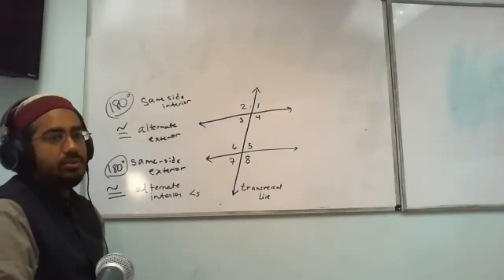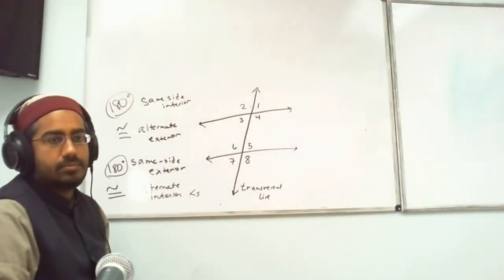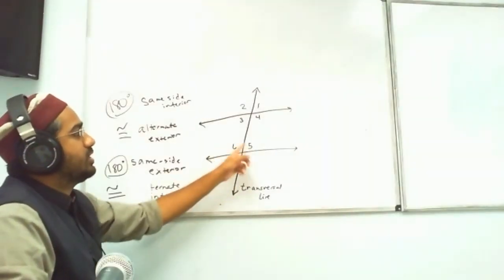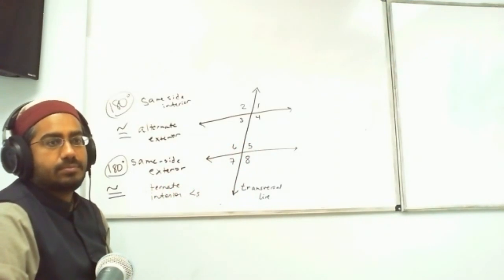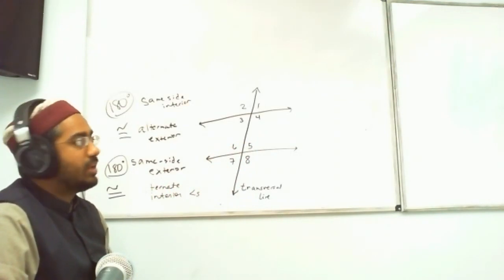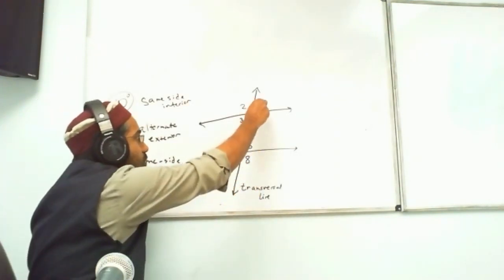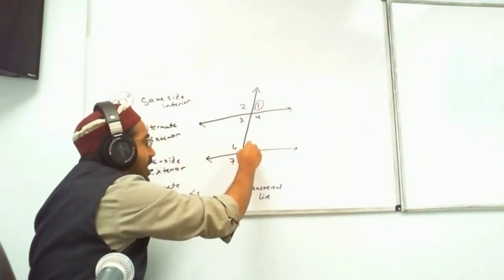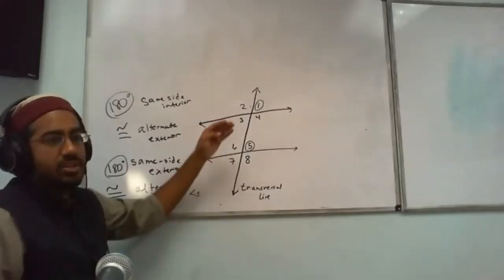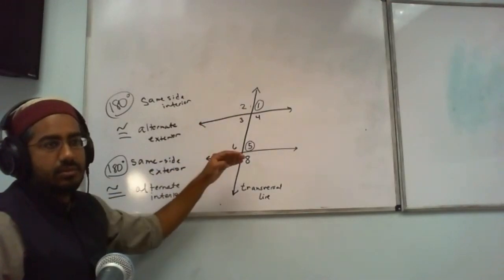Where would you say angle 1 is? It's the top right, right? Over here, what is the top right angle in this one? Angle 5, right? So you see how angle 1 and angle 5 are in the same position in the 2 levels, right?